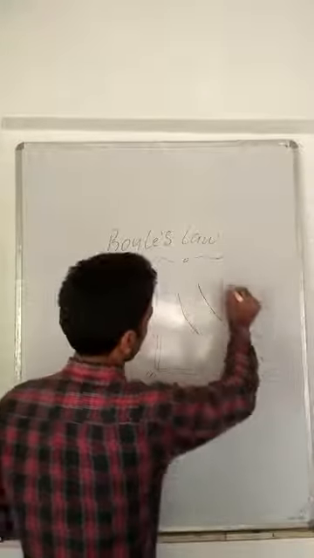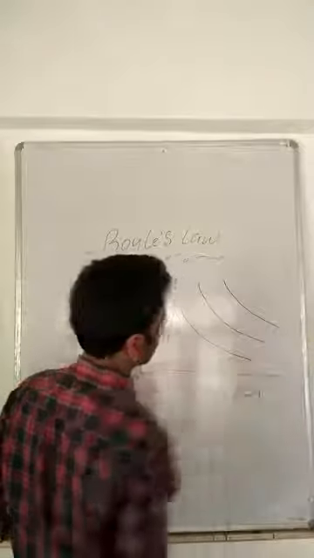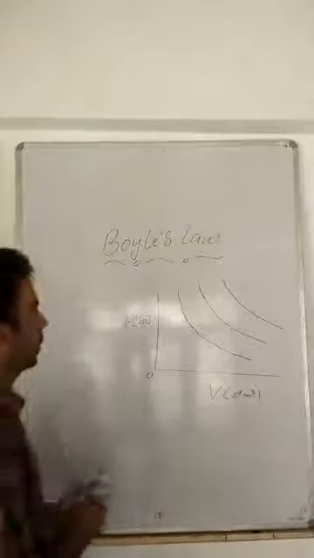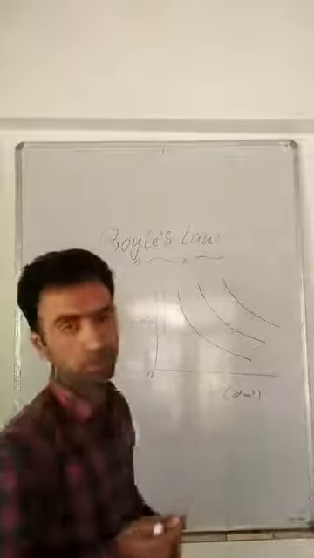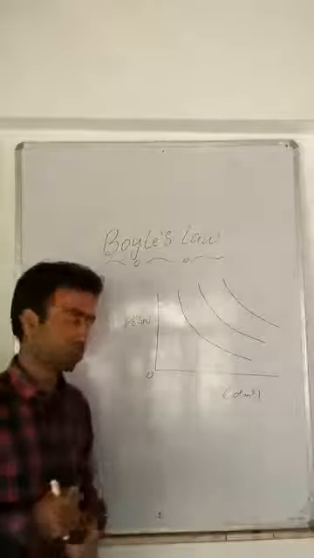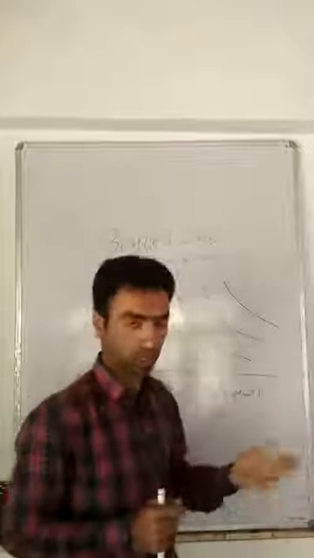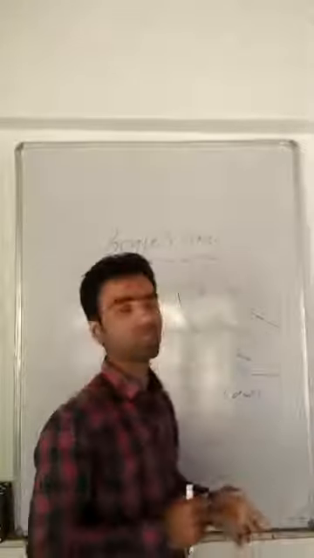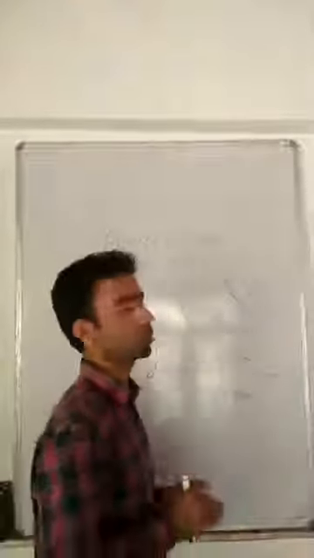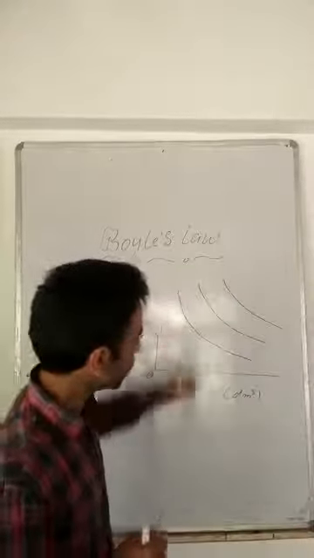Now we had the curve of this very type. If we have three different types of curves like these, they will be obtained at different temperatures. This curve is at one temperature, this curve at another, and this one at yet another temperature.